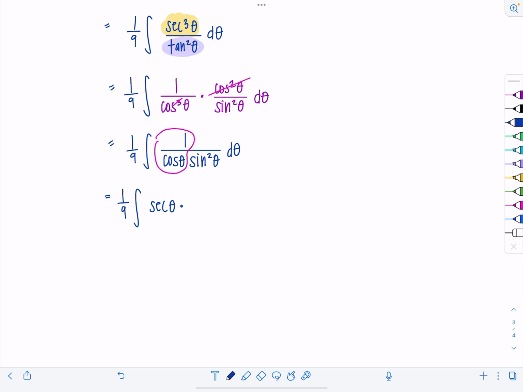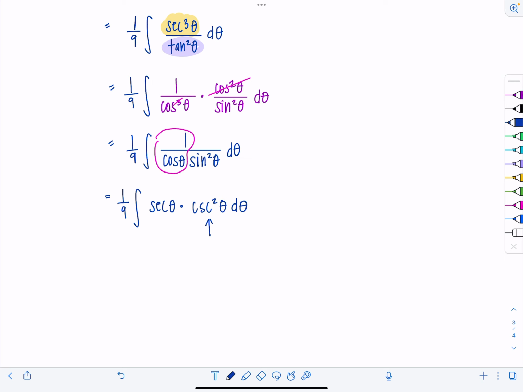And then instead of 1 over sine squared theta, I'm going to replace that with cosecant squared theta d theta. Okay, this is still not looking good, but I am moderately excited because we've got a cosecant squared. We don't easily know the antiderivative of cosecant squared, but I can use a Pythagorean identity to rewrite it.